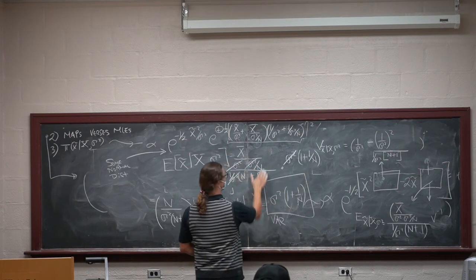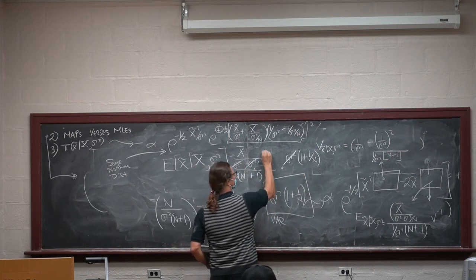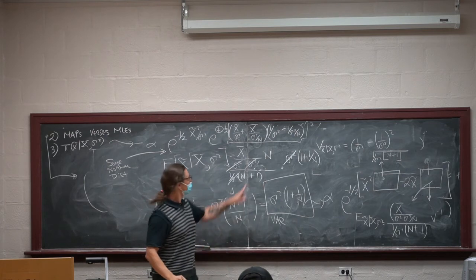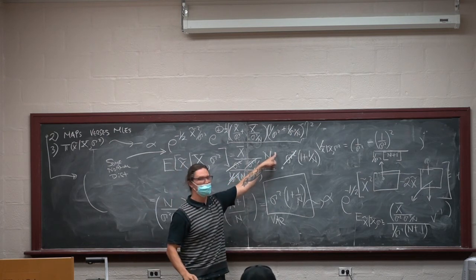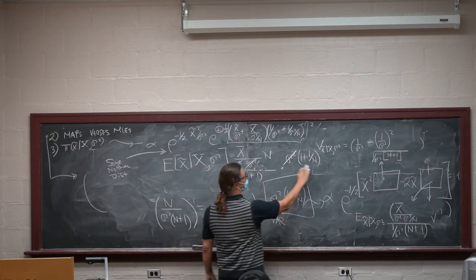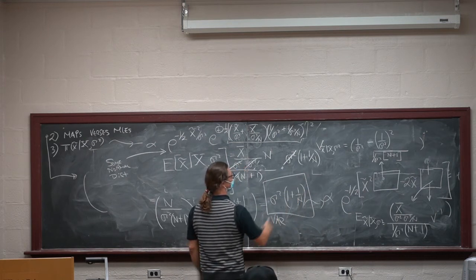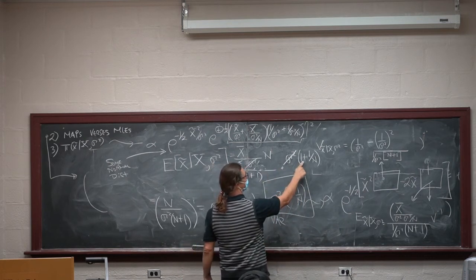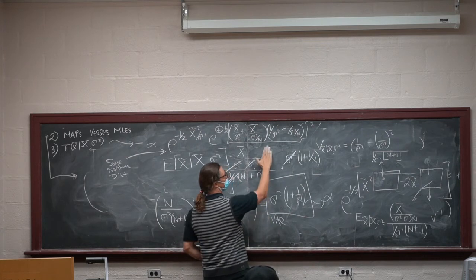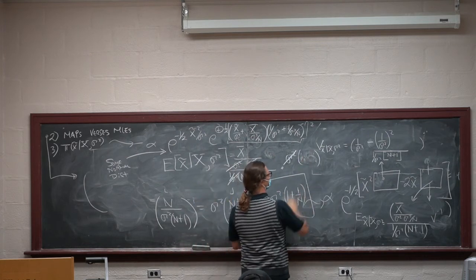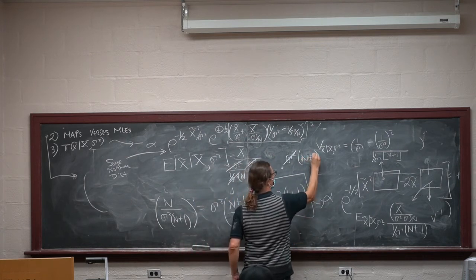This n goes upstairs. So I just took that n from there and threw it up here. I'm going to multiply it through right here. N times this thing right here. N plus 1.